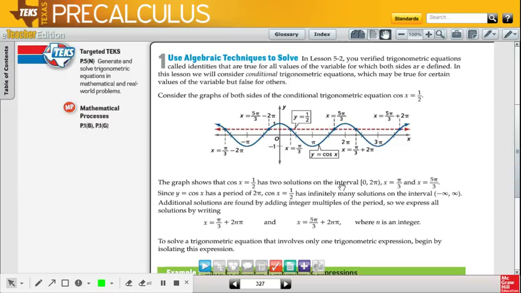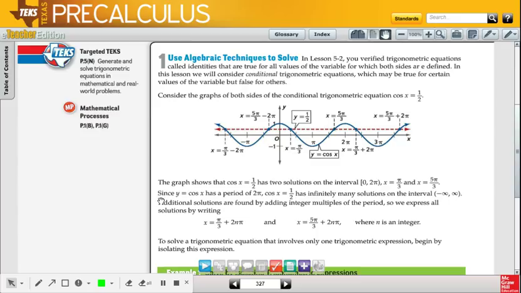So our given domain is when it says solution on the interval between 0 to 2 pi. That's your specified domain. So it means what solutions are valid within that given domain. So you're not required to give out an infinite amount of solutions, you're just giving out what solutions are valid for that domain between 0 to 2 pi.